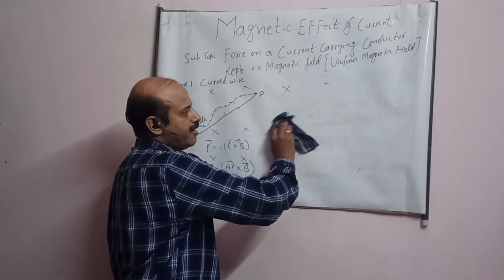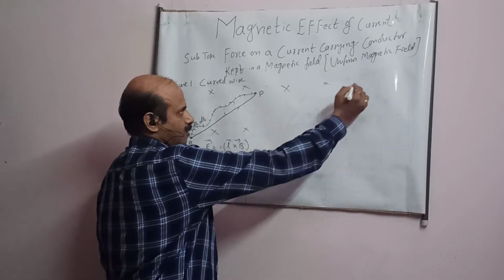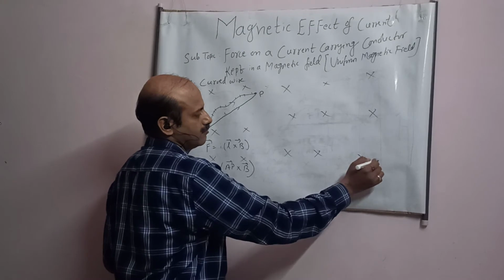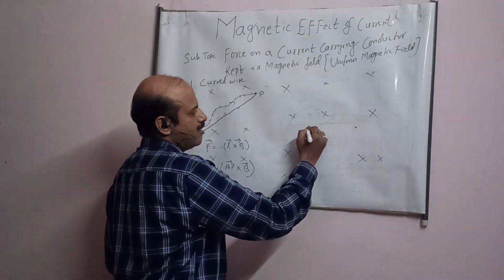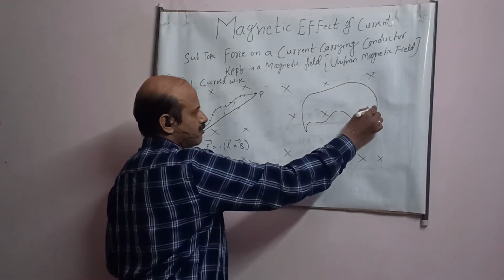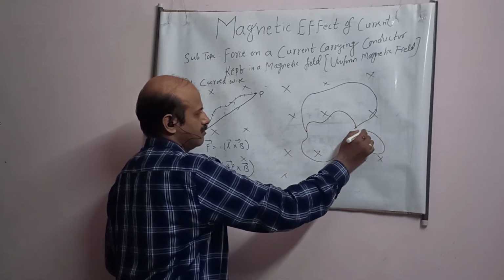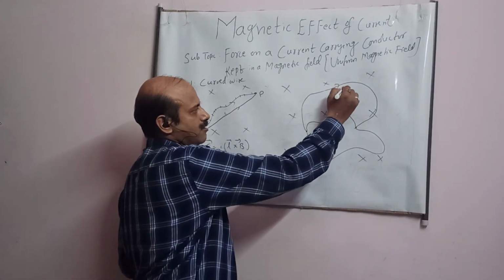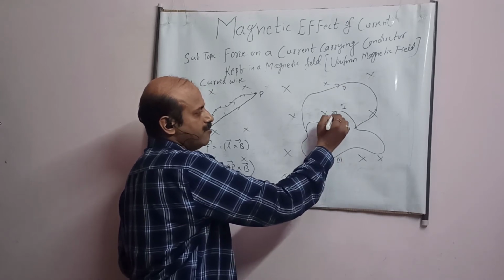Now suppose we have, student, magnetic field existing here. I have large number of wires between these two points. This is first loop, this is second loop, this is third loop, and in all the same current I is flowing.